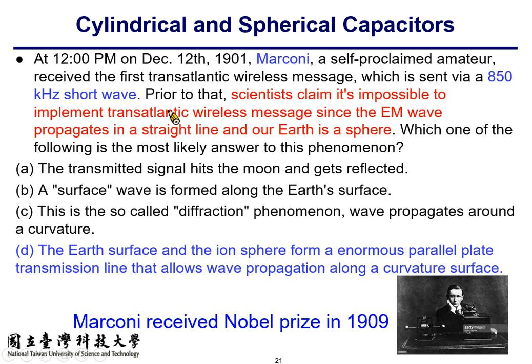That's the reason why scientists claimed it was impossible to do transatlantic telegraph, because our Earth is a sphere. Once you transmit an electromagnetic wave, it just goes into space and you won't be able to receive it.